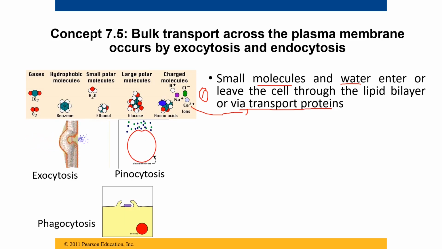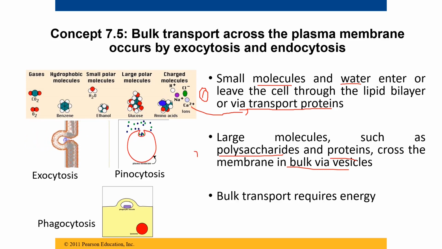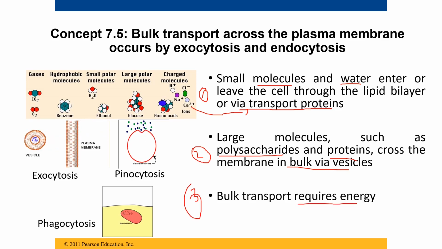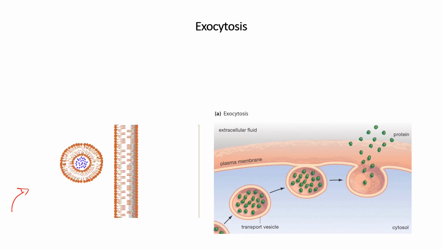However, now we're going to move to large molecules like polysaccharides and proteins, and they do it via vesicles. So they use vesicles, and this is the third thing that you have to remember, that they require ATP. They require energy.